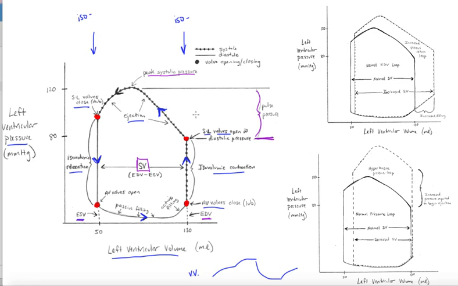Because we spend more time in systole than diastole, which you can actually see here, because we spend more time at higher pressure, like above this halfway line than we do below that halfway line between systolic and diastolic. We spend more time above than below.